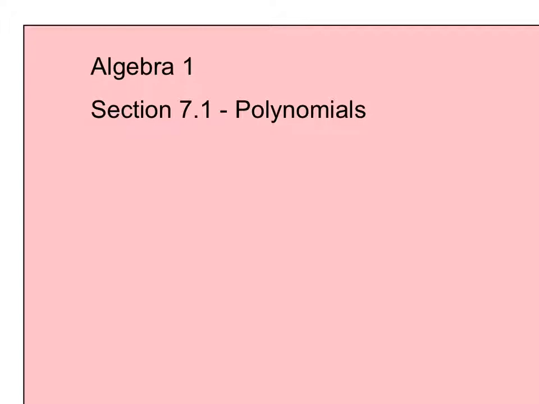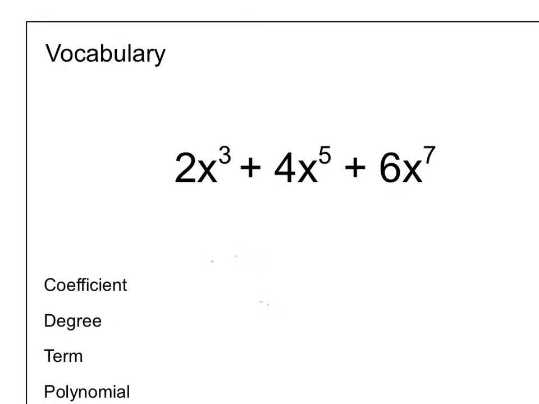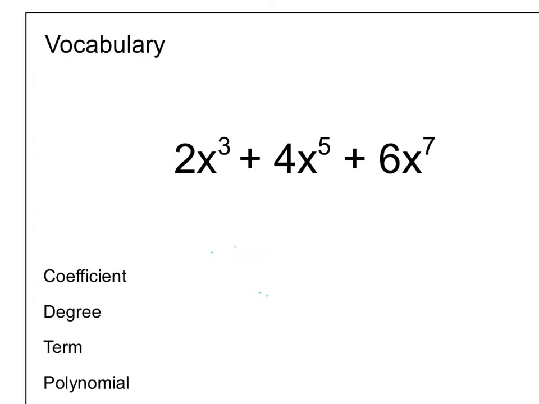This first section is called Polynomials. A little vocabulary to talk about, this would be worth writing down: when we have polynomials, there are lots of different numbers we'll talk about. The first set we're going to talk about is the idea of a coefficient.